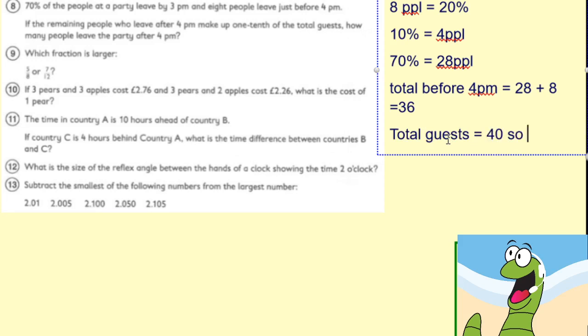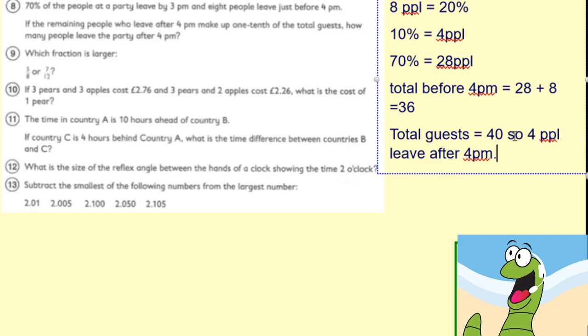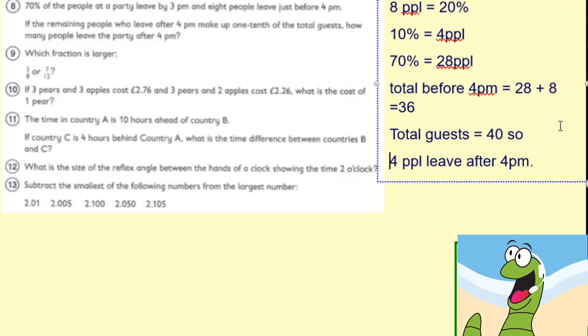So the remaining people who leave after 4 p.m. make up 1/10. How many people leave the party after 4? So 4 people leave after 4 p.m. And that's the answer. Here it is, 4 people leave after 4 p.m.